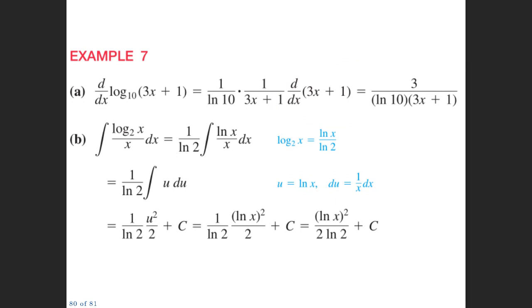Or we can go backwards. The integral of log base 2 of x divided by x dx. That means 1 divided by ln 2 multiplied by the integral of ln x divided by x, because log base 2 of x just means ln x divided by ln 2.